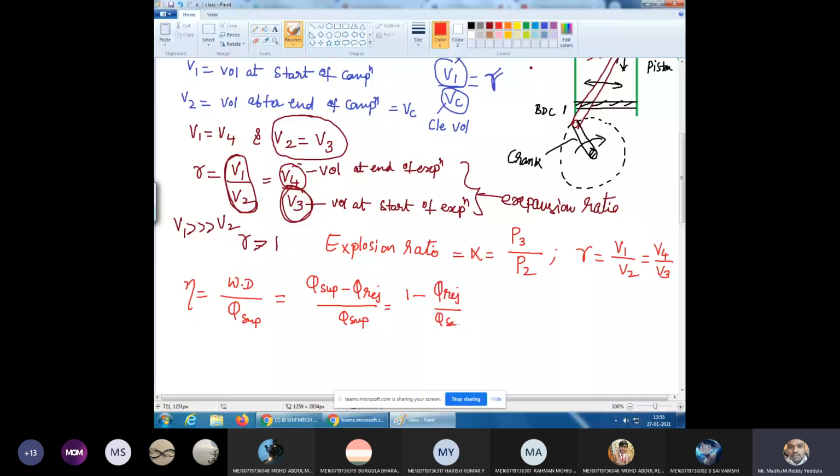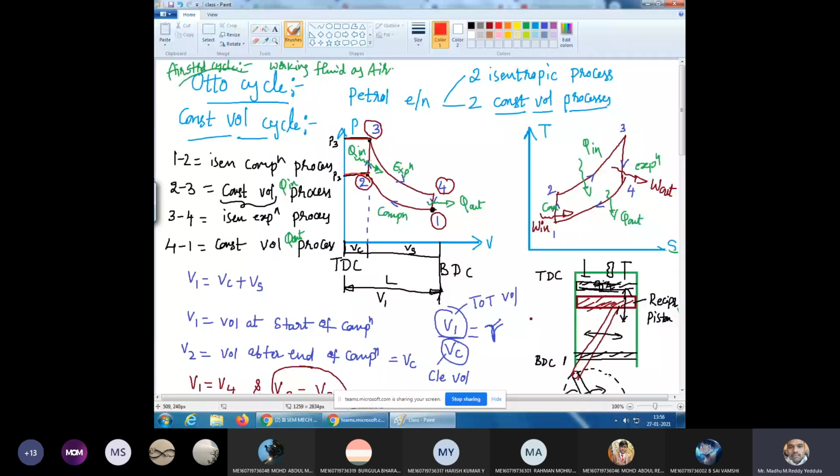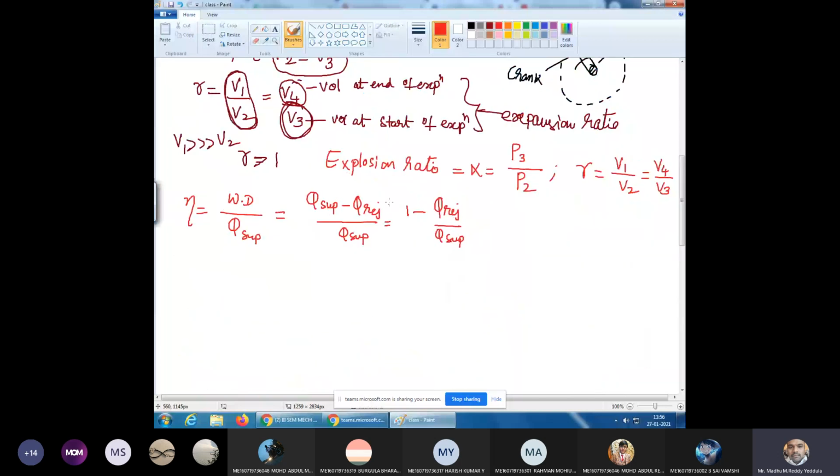Now, how to calculate heat supplied? Now you can see heat is supplied at constant volume process, agree? And heat rejection is also taking place at constant volume process. Therefore, heat supplied, let us assume the mass is unity, for unit mass, is Cv into the temperature change for 2 to 3, T3 minus T2.